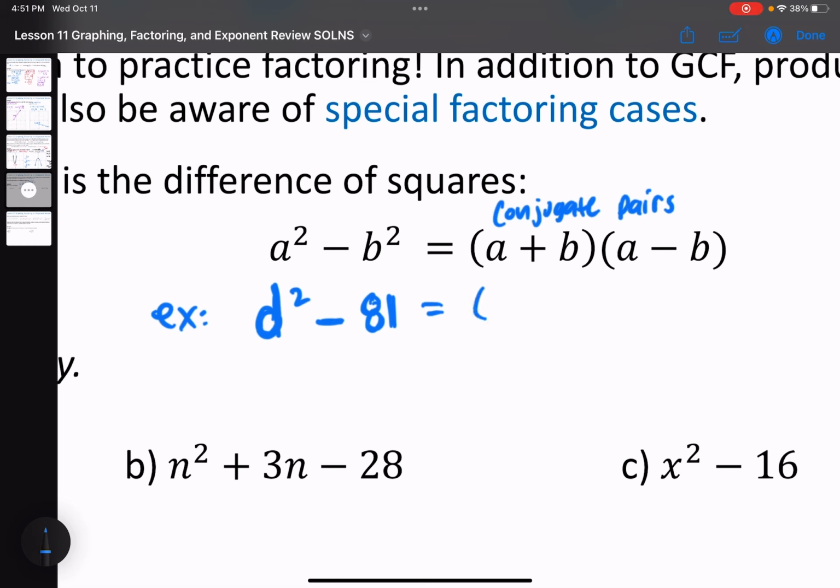That's going to split this up into two different parentheses, where I get d plus 9 and d minus 9.